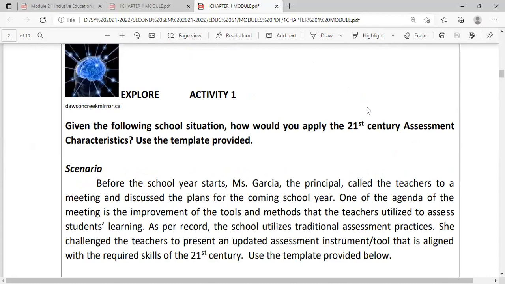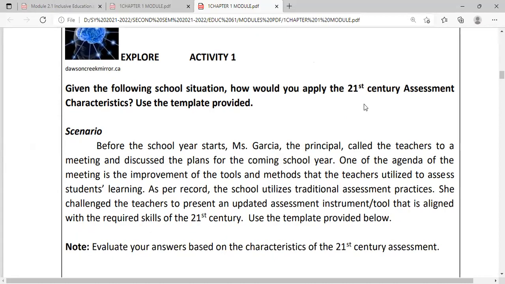No. For your activity 1, given the following school situation, how would you apply the 21st century assessment characteristics? So use the template provided sa OPOS, but ang scenario is, before the school year starts, Ms. Garcia, the principal, called the teachers to a meeting and discussed the plans for the coming school year. One of the agenda of the meeting is the improvement of the tools and methods that the teachers utilize to assess students' learning.